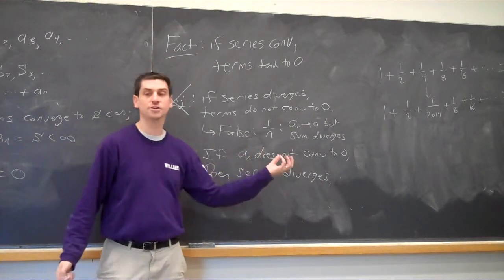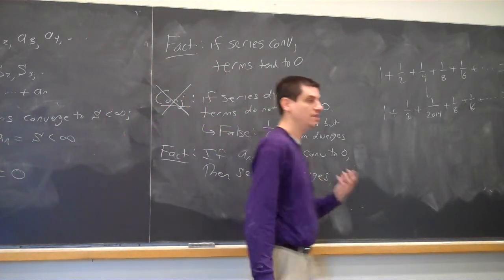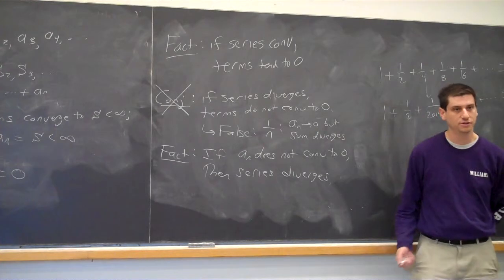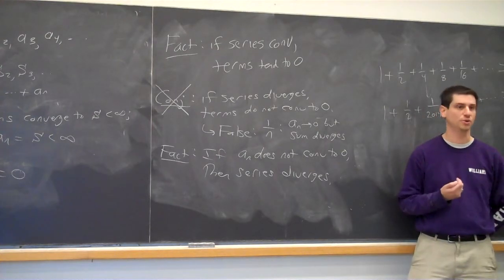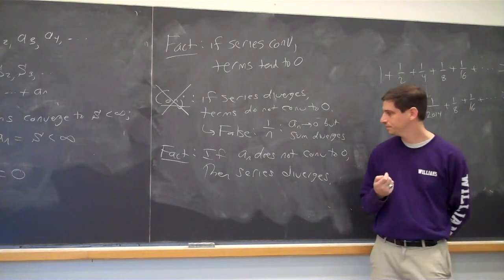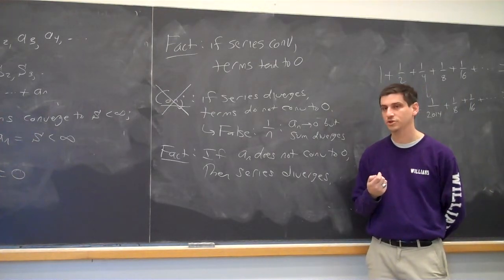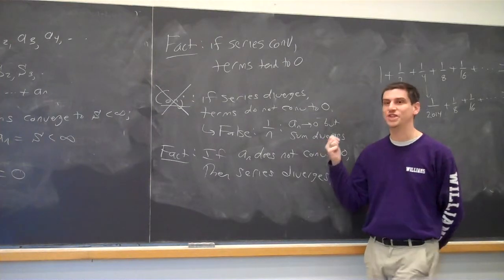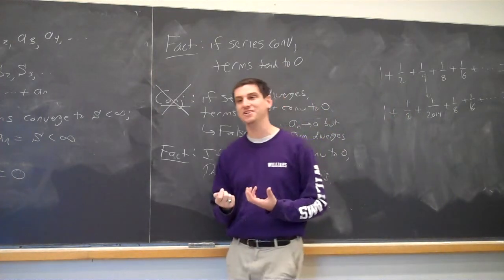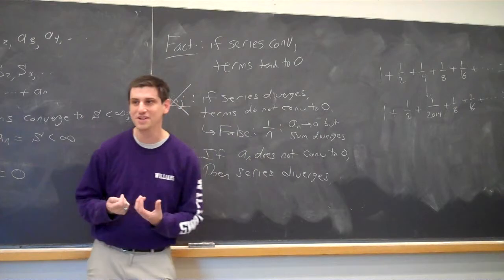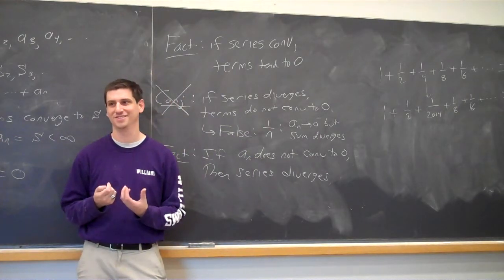So if the An's are not converging to 0, the series has to diverge. Unfortunately, that is all we know. Well, but doesn't An converge to 0 in the case of 1 over n? Yes, so that's the problem. Just because An converges to 0 does not mean the series converges.